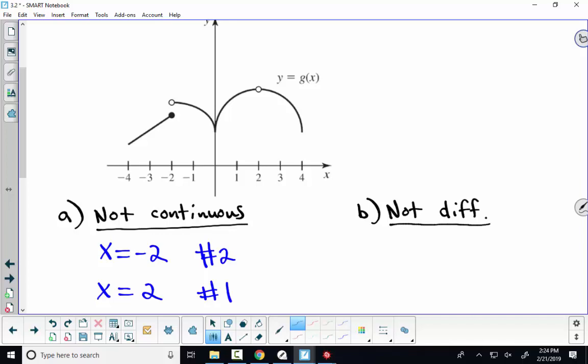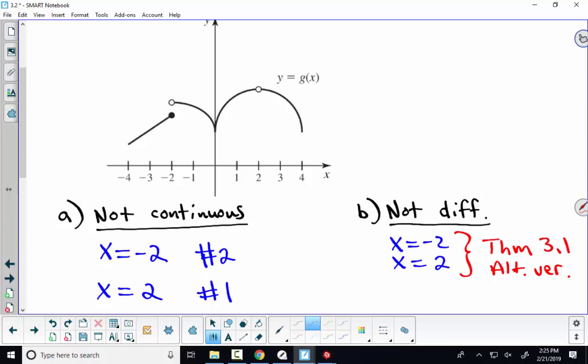Okay, so when we're talking about where the function is not differentiable, the previous theorem said if a function is not continuous at a point, then it's not differentiable at that point. So just from the theorem alone, we automatically get these two values where the function is not differentiable: at x equals -2 and at x equals 2. That's the alternative version of Theorem 3.1. Is there anywhere else that function is not differentiable?